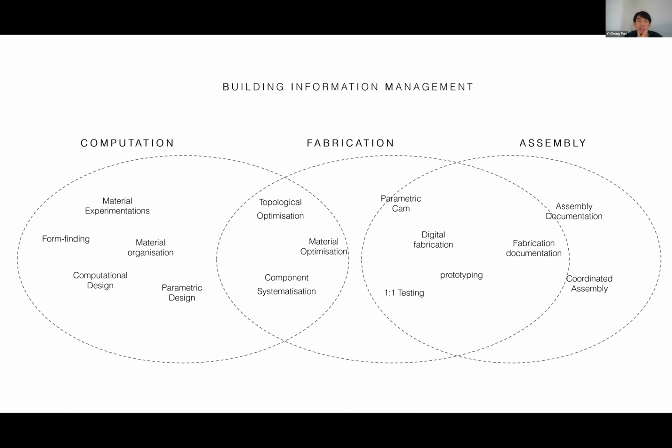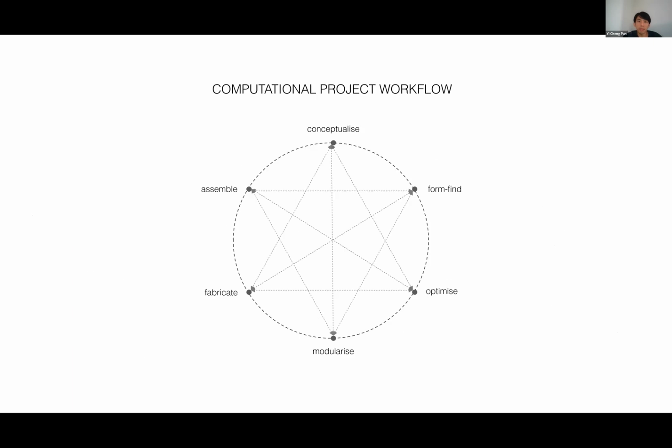So in terms of the overall area of work, we go from computation and fabrication to assembly, and they cover a wide variety of processes from form finding, parametric design, material optimization, parametric chem, fabrication, documentation, and finally assembly.